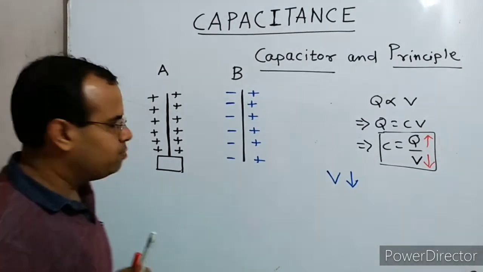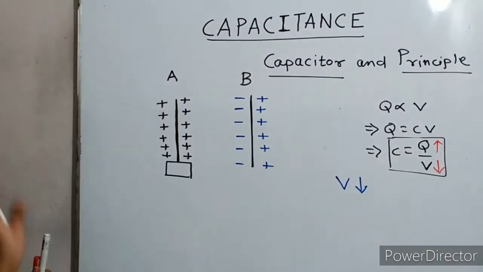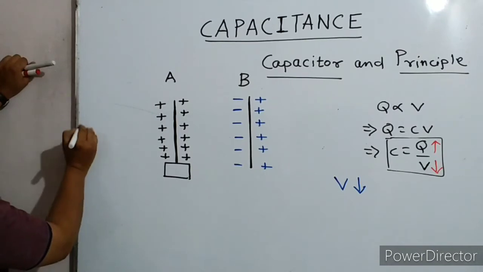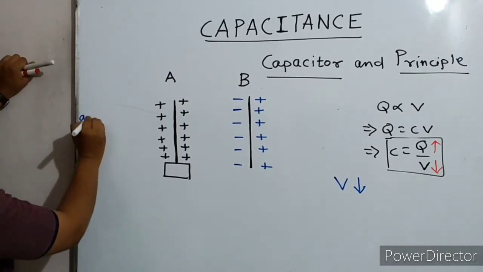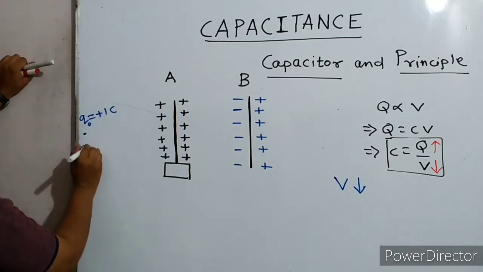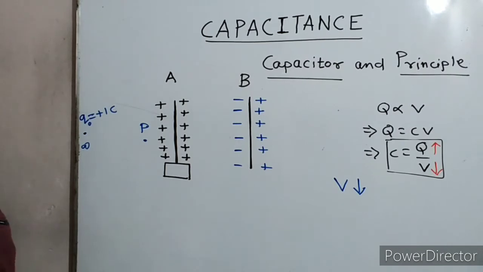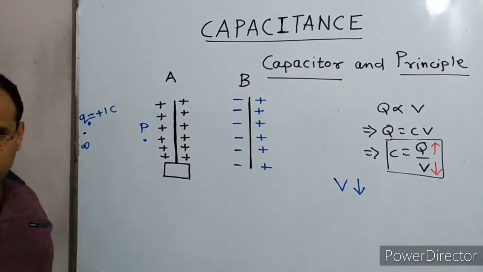Let us discuss that. Suppose this plate was not there, and we had to bring a unit positive charge, say plus 1 coulomb, from infinity to a point, say P. When we bring it, we have to do some work.